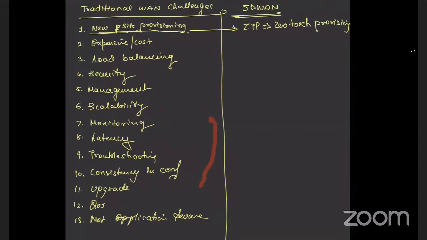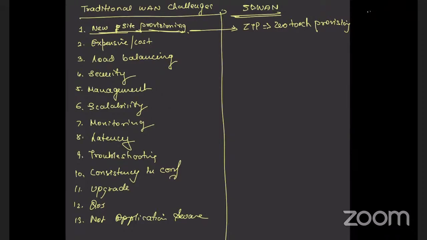After that, as soon as it gets internet connectivity, it takes the whole configuration from the centralized controller, and you don't need to do anything. You can even prepare the configuration before your device ships.